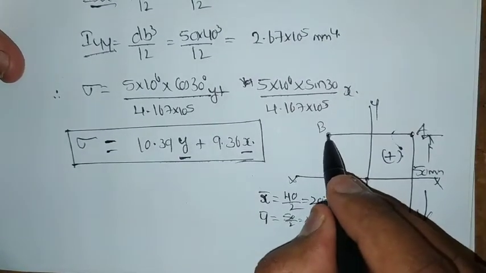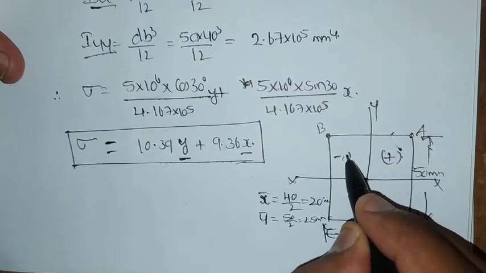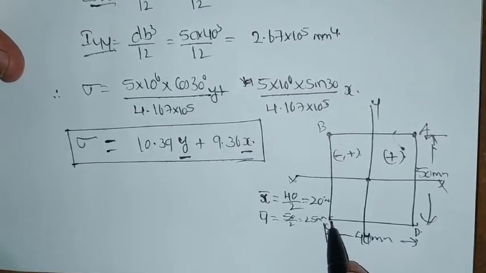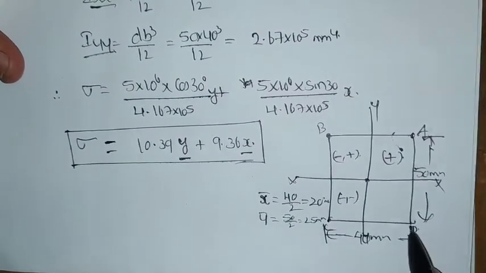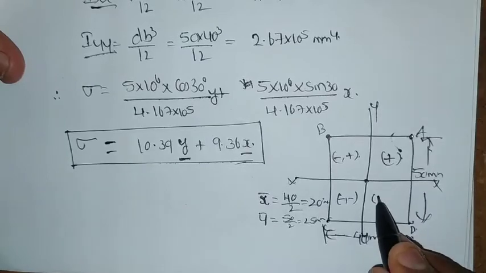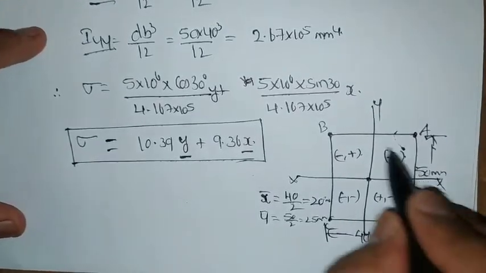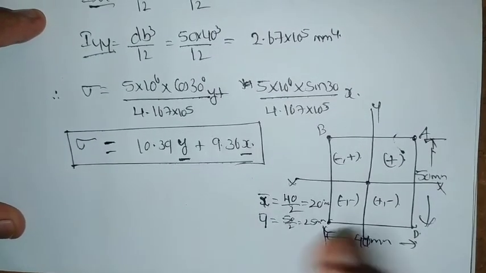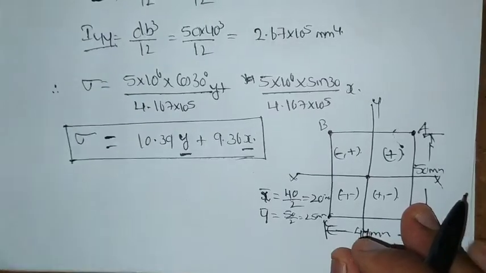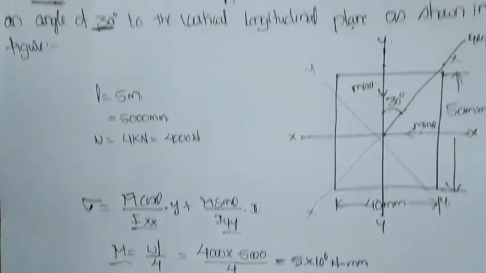At point B, the coordinate x is negative and y is positive. Similarly at coordinate C, both are negative, and at D the x value is positive and the y value is negative. By substituting these conditions in the value of x and y, we will get the required maximum and minimum stresses.